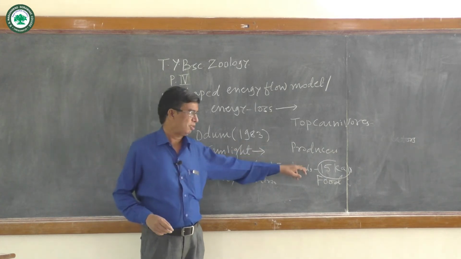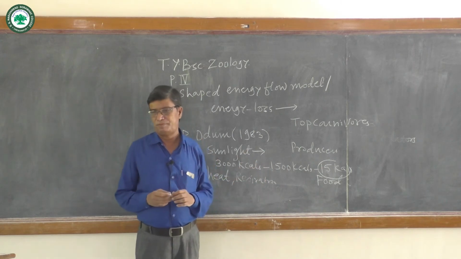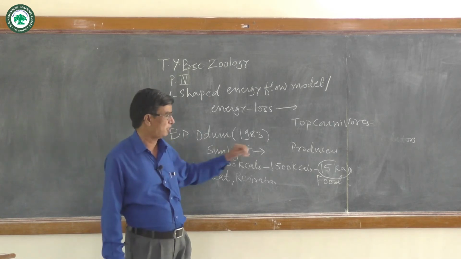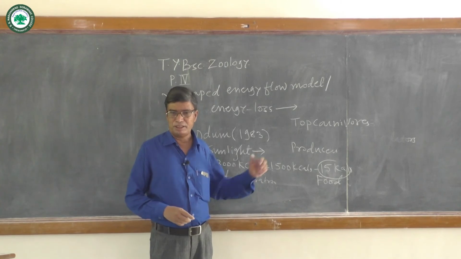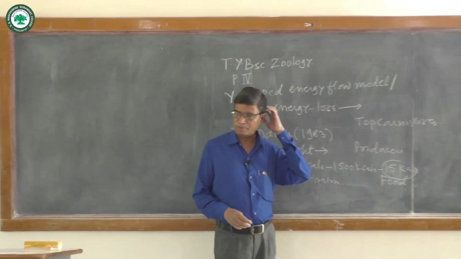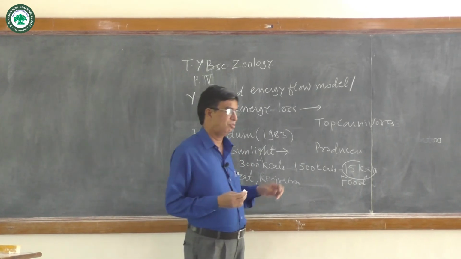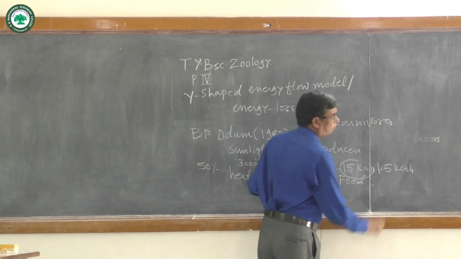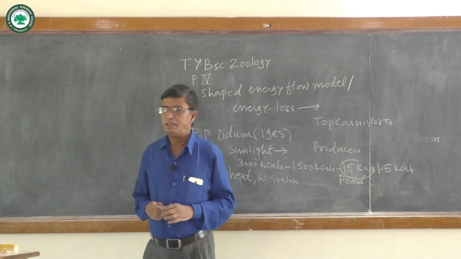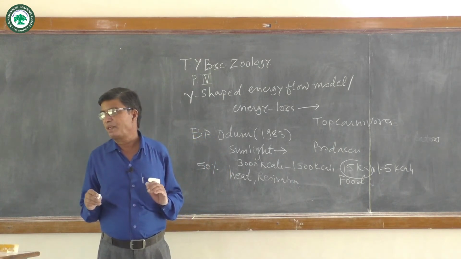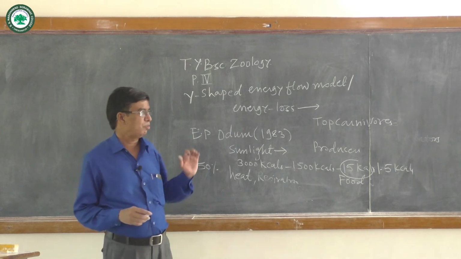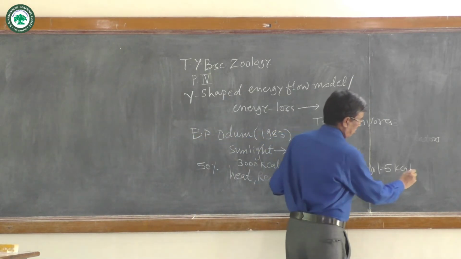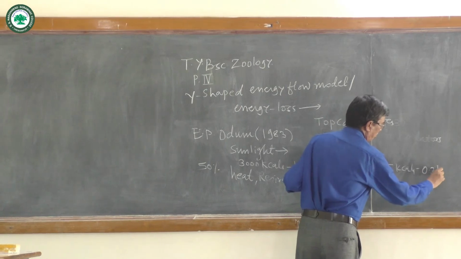And when that energy passes into the next trophic level, that is the body of herbivores and carnivores, it is again reduced. For example, in herbivores the amount of energy that reaches is only about 1.5 kilocalories. And at last, in the body of top carnivores, the amount of energy that reaches is only about 0.3 kilocalories.